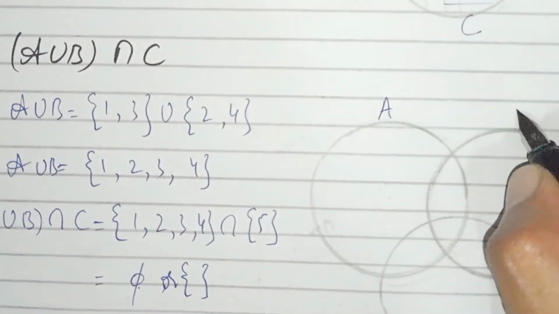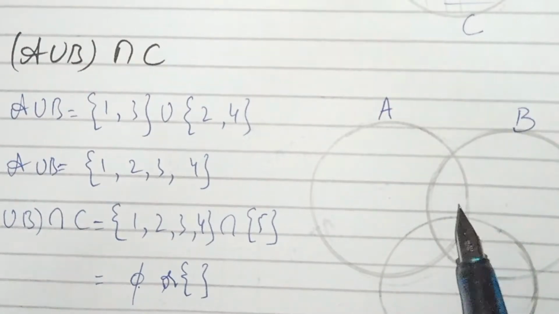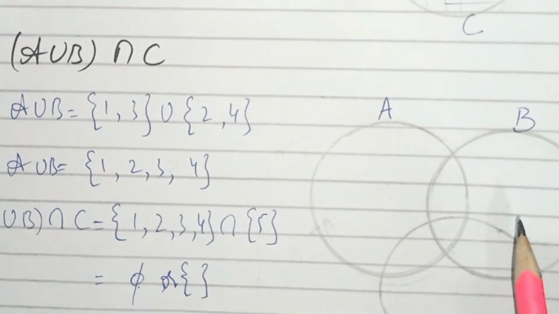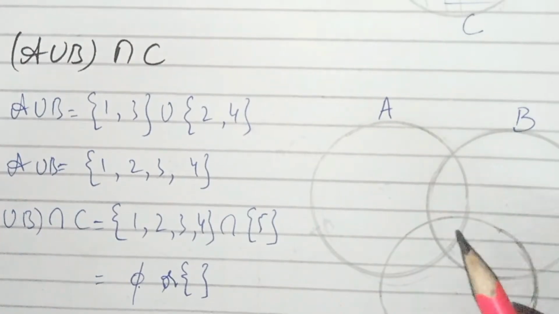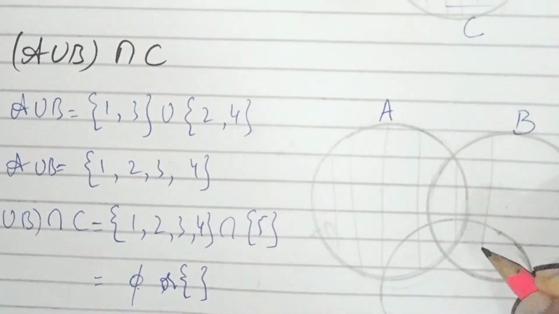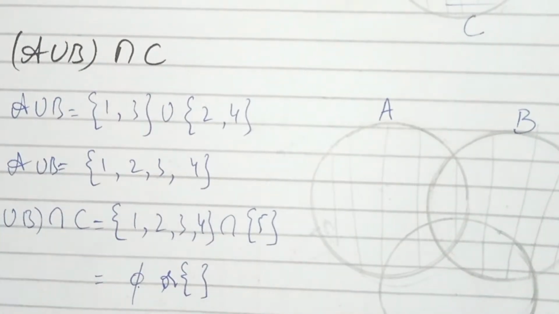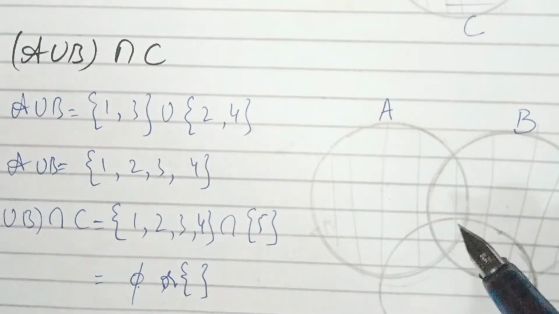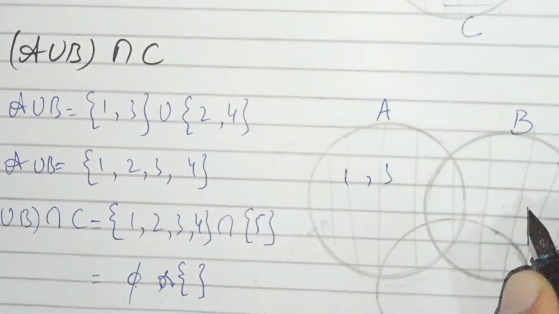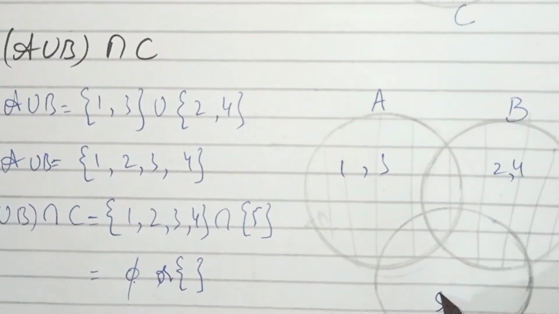Now this is a set A, B, and C. We have to represent the A union B with vertical lines. Now set A is 1 and 3, set B is 2 and 4, and set C is 5.